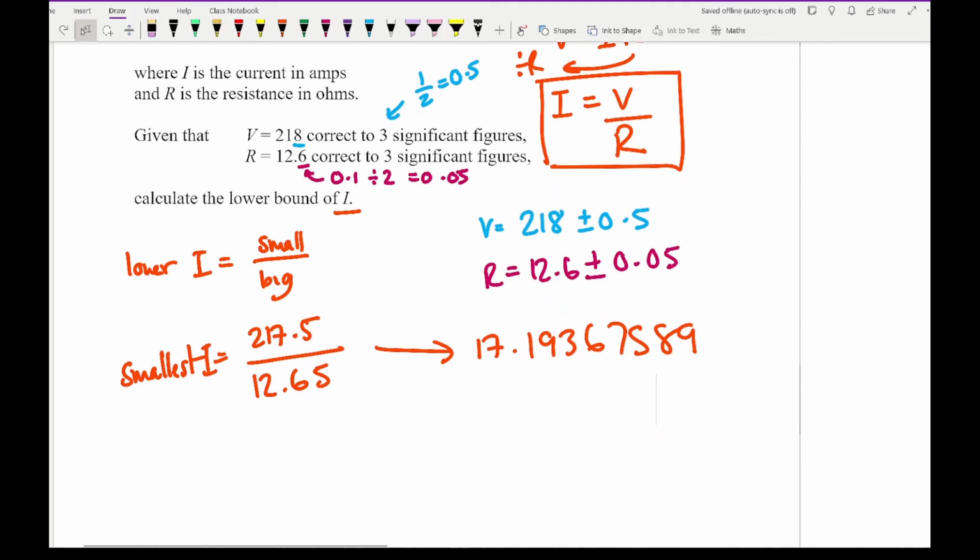So what do I actually round this number to? Well, I'm going to do it to 3 sig fig because that's what it's given me to. So the final answer is going to be 17.2. And does it say what the units are? Yes, there is my final answer. And again, it's worth writing down that I have rounded this to 3 sig fig.